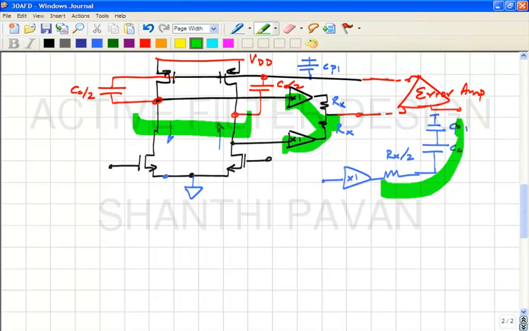So what is the common mode gain? GMN by GMP. If you want to make this much smaller than 1, and why am I interested in making it much smaller than 1? Why? Why are we interested in keeping the common mode gain less than 1?